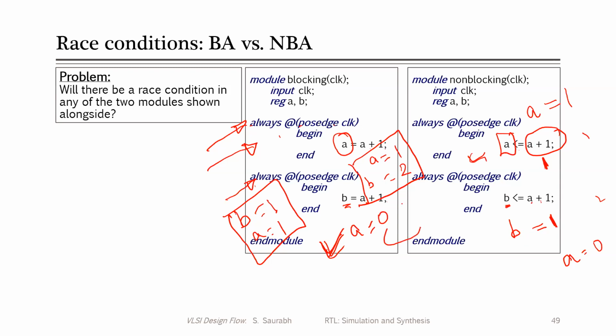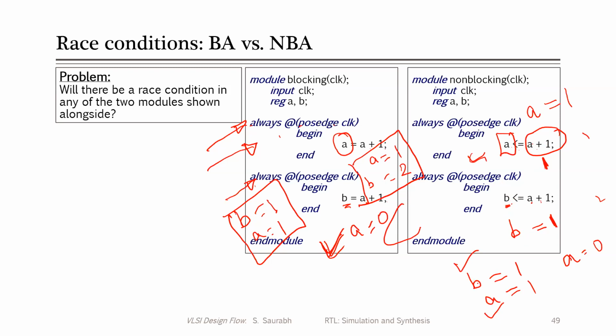Now, if you change the order of execution, what will happen? Now A was initially 0, so B is scheduled to be assigned the value of 1, right? And similarly, A will be scheduled to be assigned a value of 1, right? A was 0, so A plus 1 is 1, right? And in the next pass, B will be updated to 1 and A will be updated to 1, right?